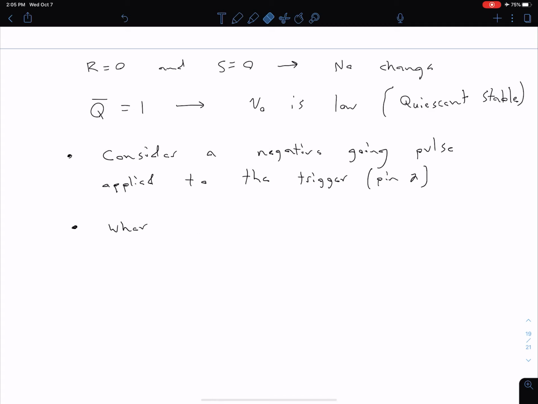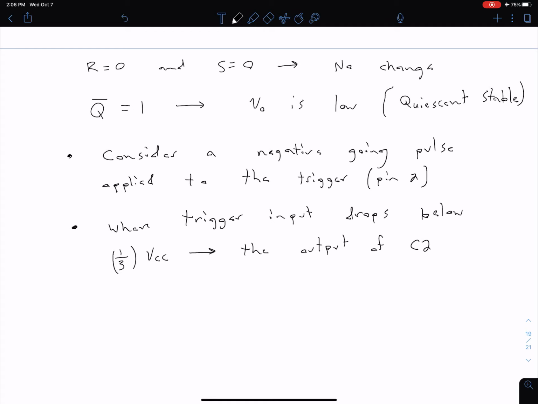So when our trigger input drops below 1/3 VCC, because remember that's the value it's being compared to, then the state of that comparator is going to switch. So then the output of C2 is going to go high.